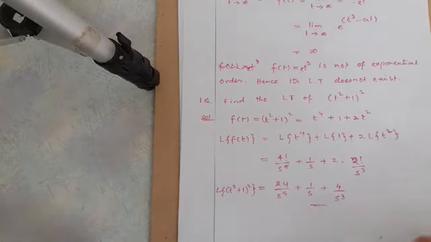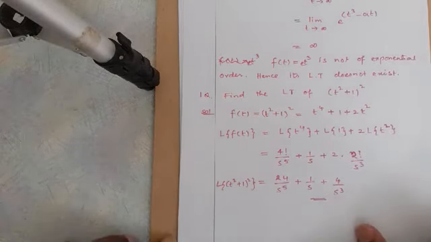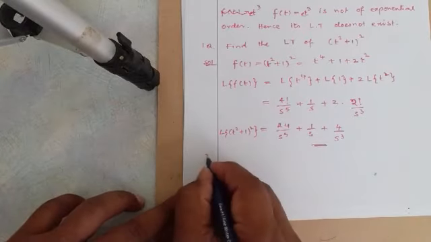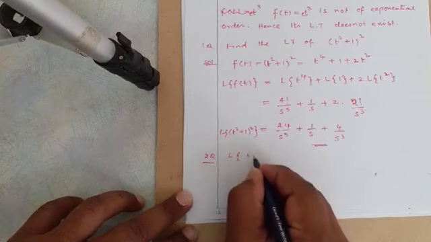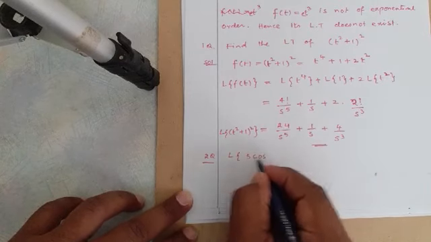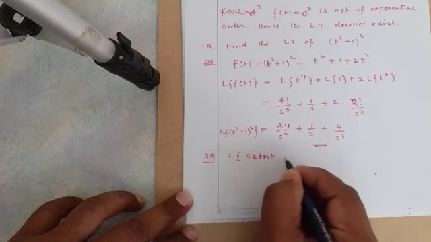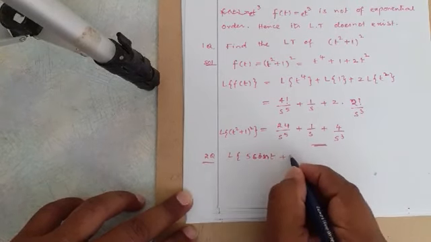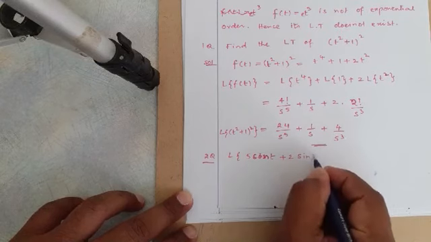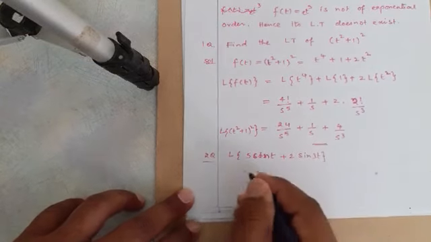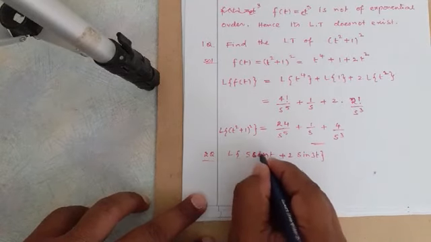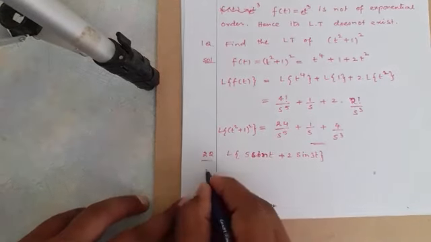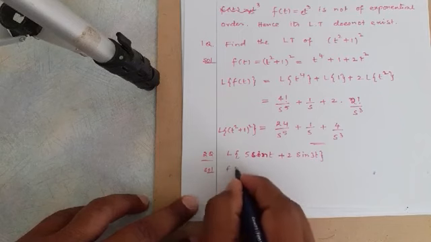Now let us do the second problem. The second problem is Laplace of 5 sin t plus 2 sin 3t. How do we apply the Laplace transform? In the solution we first write f of t.